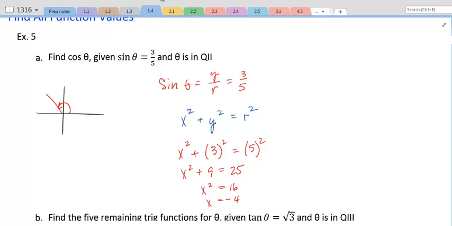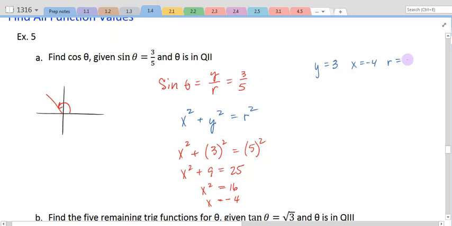So from this I know that y is equal to 3, x is equal to negative 4, which we just solved, and r would be equal to 5. We're looking for the cosine of theta. I know that the cosine of theta would be x over r, and therefore it would be negative 4/5.